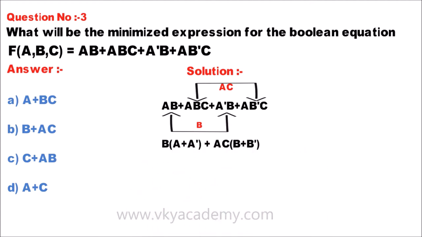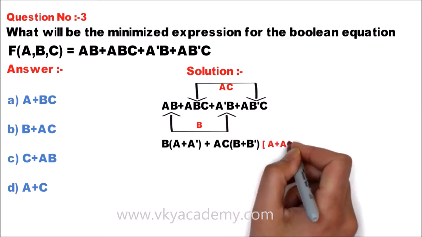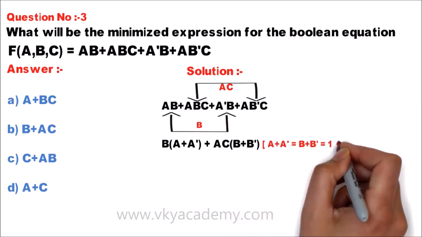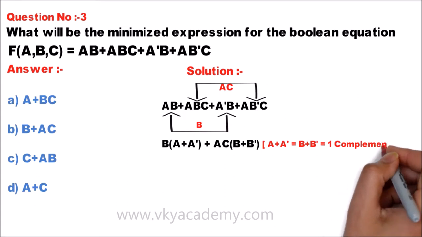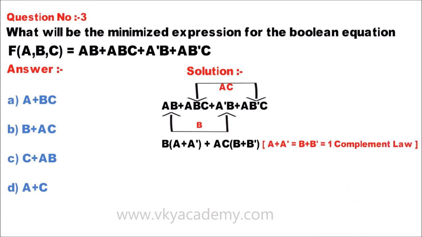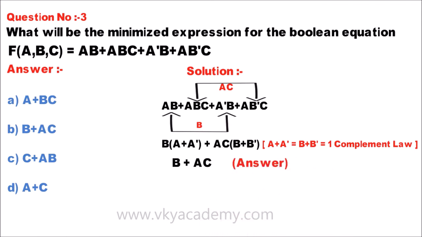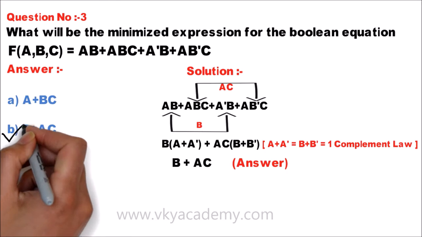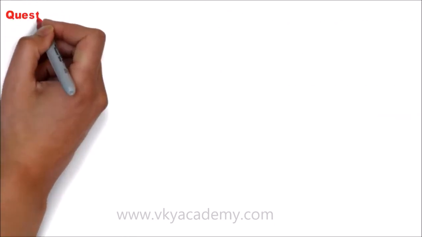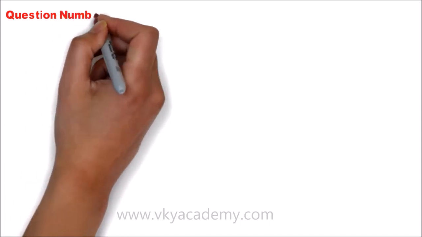This will be the statement after taking common. Now a plus a bar is equal to b plus b bar is always equal to 1 according to the complement law, and it will be b plus ac. So the option is B. Let us see the question number 4.